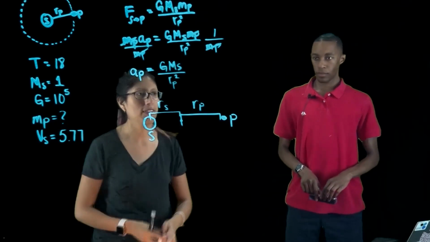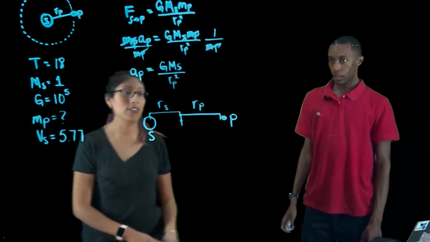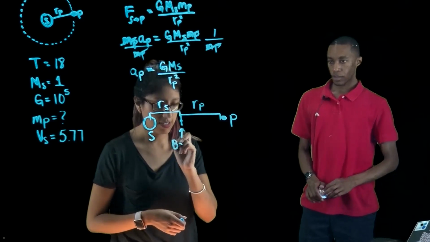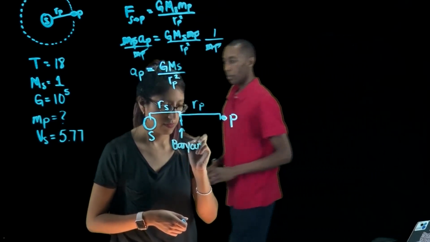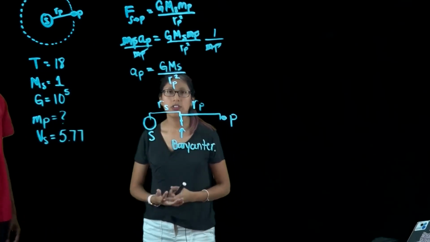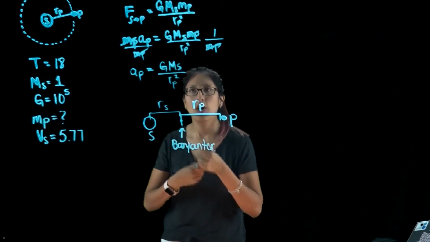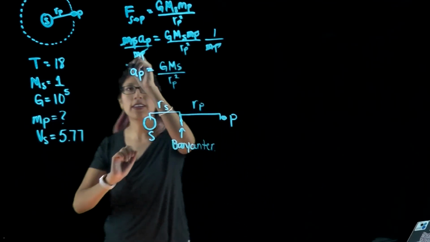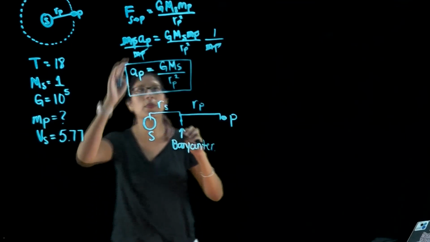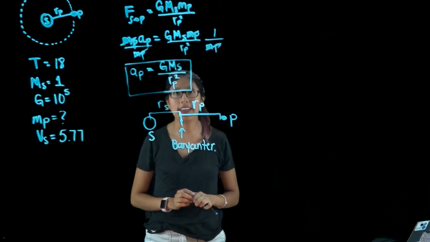It's to that point, which we call, again, the barycenter. So in order to implement this new barycenter, what we're going to do is go back to, like I mentioned, this equation, which we got from working out the forces of the sun on the planet.